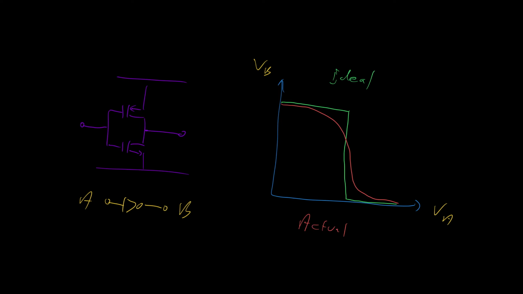Specifically, we see that if we want the output to be very close to 5 volts, the input can actually be very far from 0 volts and we'll still have a very nice tidy output signal here. So lots of noise down here produces a very small amount of noise at the output.